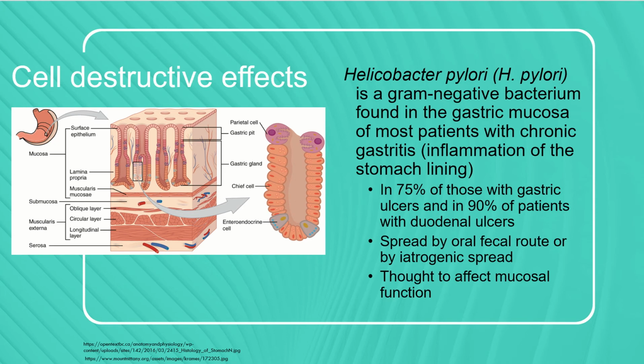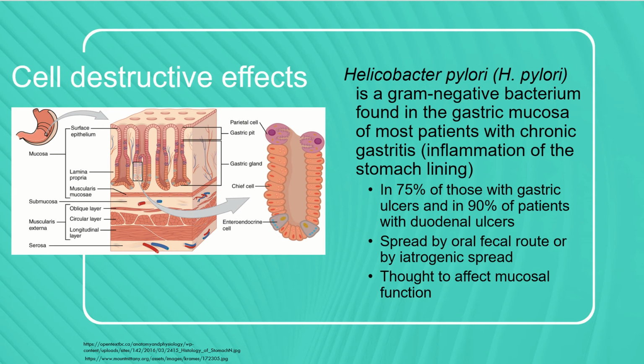One bacterium that we need to mention is your Helicobacter pylori, or H. pylori, which is what I'll refer to it as from now on, is a gram-negative bacterium found in the gastric mucosa of most patients with chronic gastritis, which is inflammation of the stomach lining.